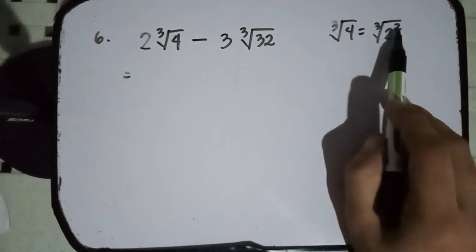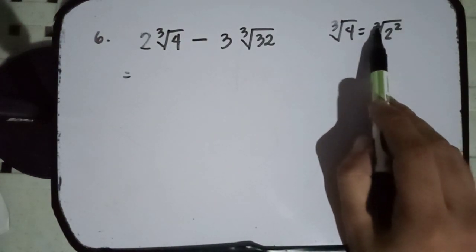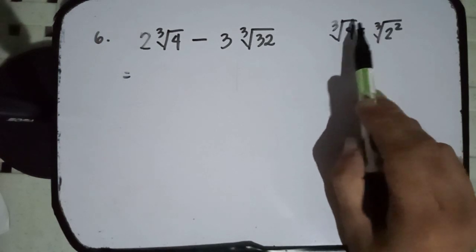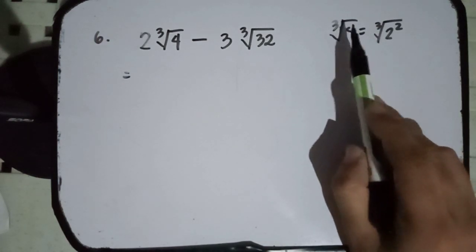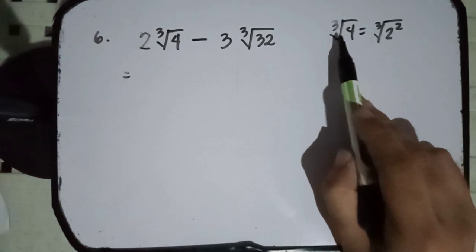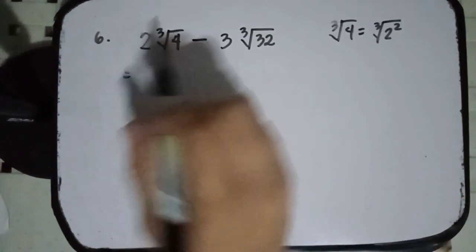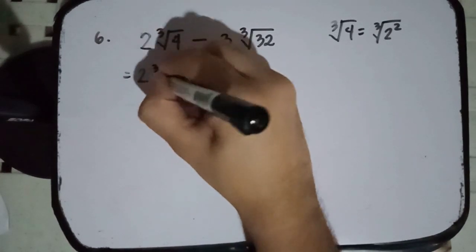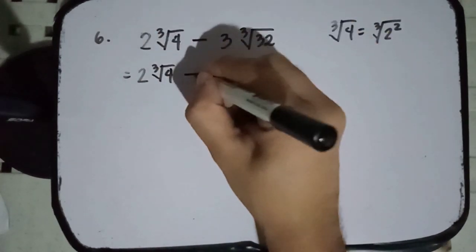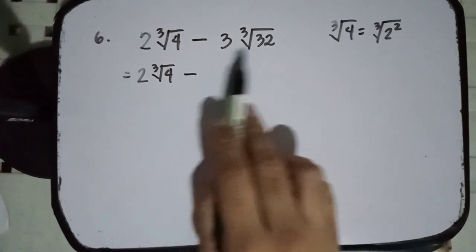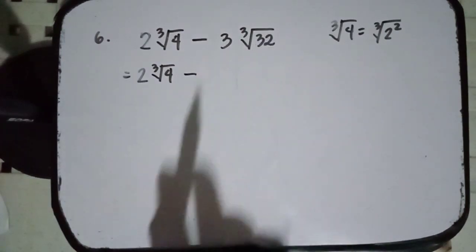But, yung exponent na 2 ay mas bababa kesa sa index. So, hindi natin masisimplify to kasi this thing is already in simplest form. So, we just copy this thing. Okay? So, 2 times cube root of 4 minus itong isa. Okay? 3 times the cube root of 32.